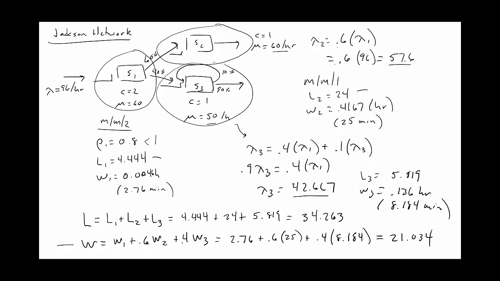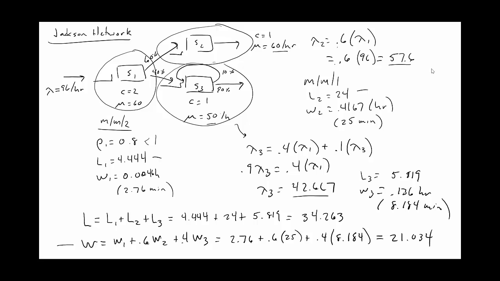And the final condition for validity or for feasibility is that all of the individual rhos, all of the individual utilizations have to be strictly less than 1. And you can think about, for example, if this utilization of S1 were greater than 1, that would tell us that you would have an infinite number at steady state, and so we can't have that for a feasible system.